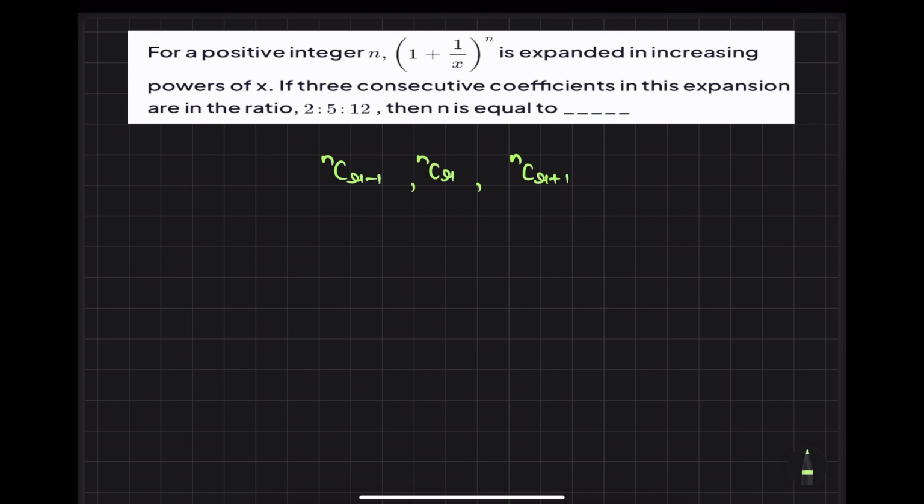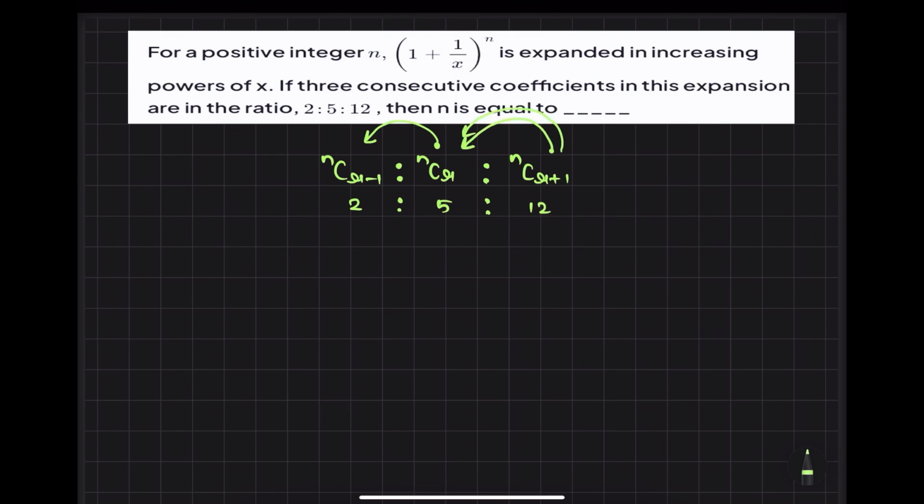So they are saying that it is like this is to this is to this, they have given as 2 is to 5 is to 12. Now look at this, you will write this by this and then this by this, okay?